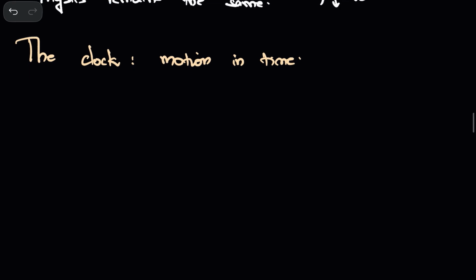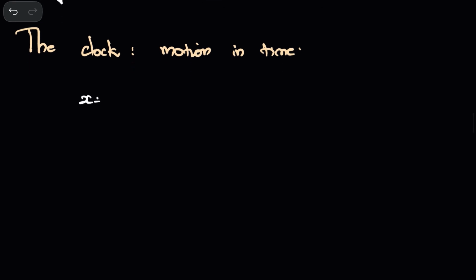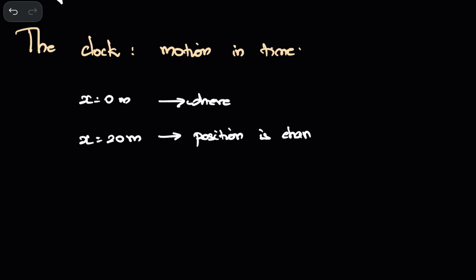If a car is at x equal to 0 meters, then this tells us where it is, the position. But if later it becomes x equals 20 meters, then that tells us its position has changed. But to describe the motion properly, we need to know how much time passed between those positions.